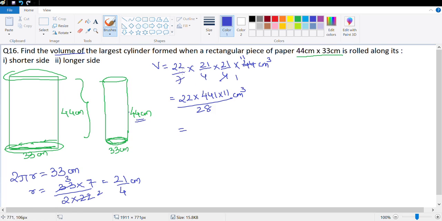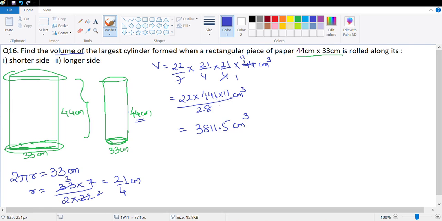Right, let's just confirm, 22 into 21 into 21, that's 441 into 11 upon 28. I will make this calculation using a calculator, so that we can finish this question quickly. This would be 22 into 441 into 11 divided by 28, and the answer is 3811.5 centimeter cube.